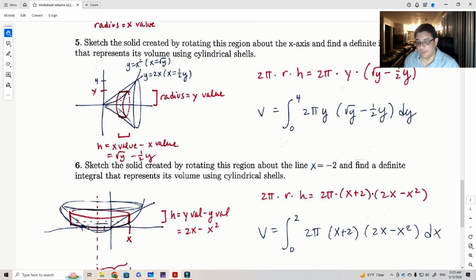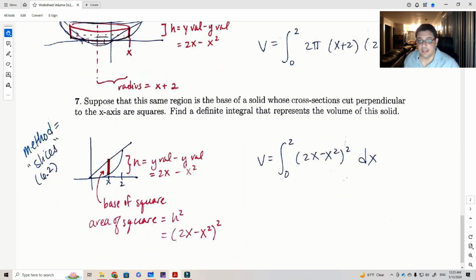For the cylindrical shell, we have x as the distance plus 2, so x plus 2 is going to be the radius. For the height of the cylinder, we still have 2x minus x squared. That is pretty much the only change when we're rotating around the line x equals minus 2.